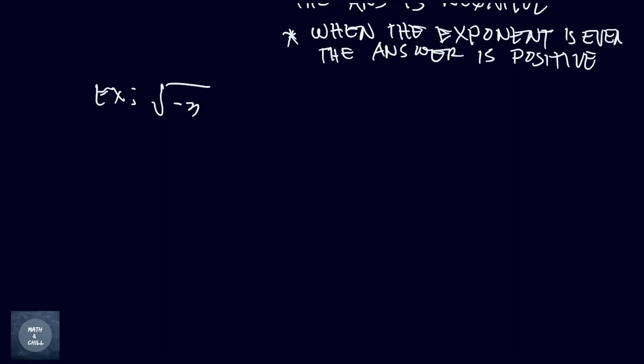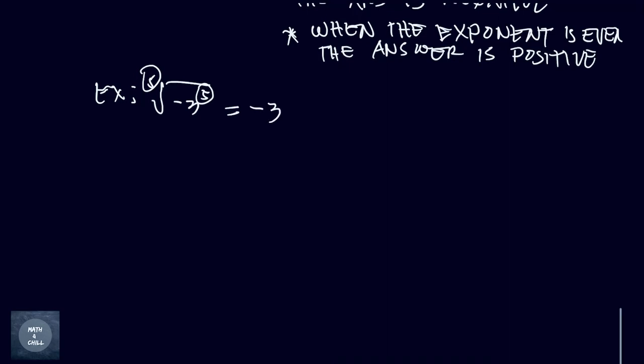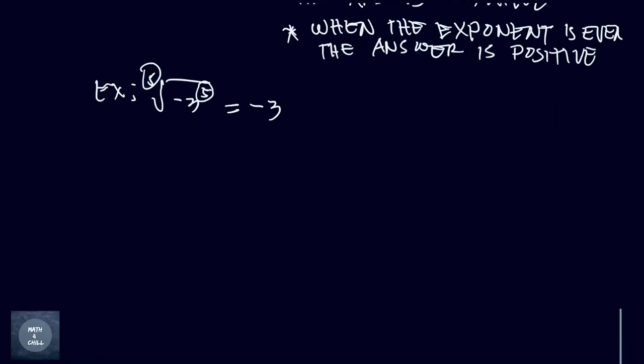Tapos the fifth root of negative 3 raised to 5. So since equal ang index ug ang iyahang exponent, ang answer nato is negative 3 when they are odd. Odd ang negative, ang 5 diba odd? Ayan na siya.